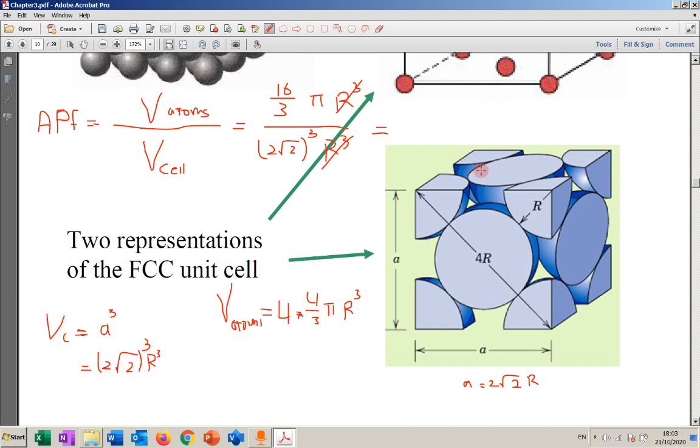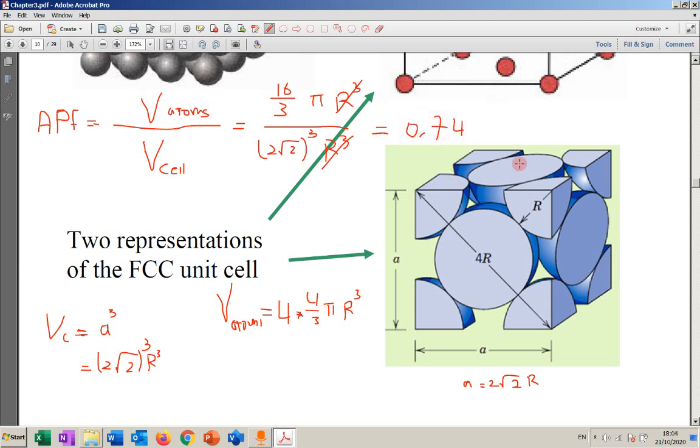Because this is the highest arrangement that you could possibly have, or you can say minimum void, maximum density you can get when arranging those atoms. So it's supposed to be 0.74. I'm just double checking to see if I haven't made any mistake. 2 times root 2, 0.74.